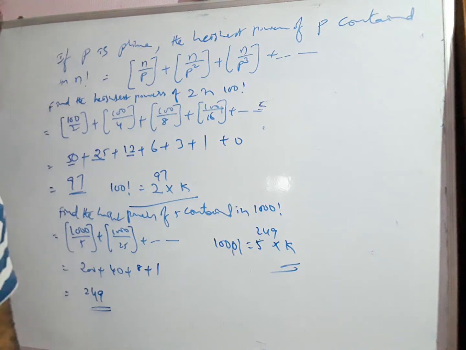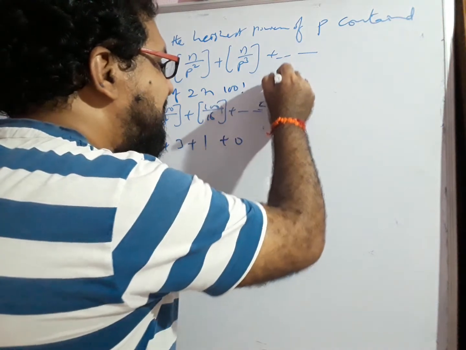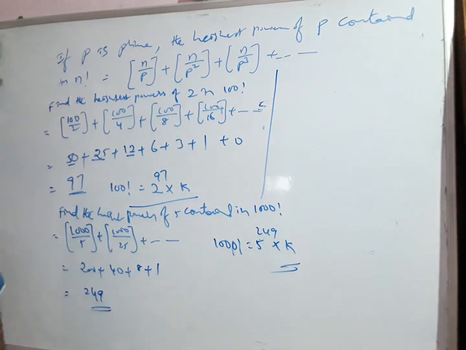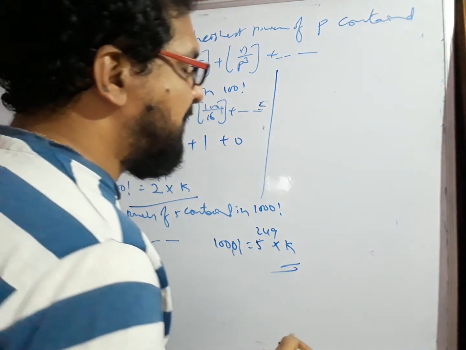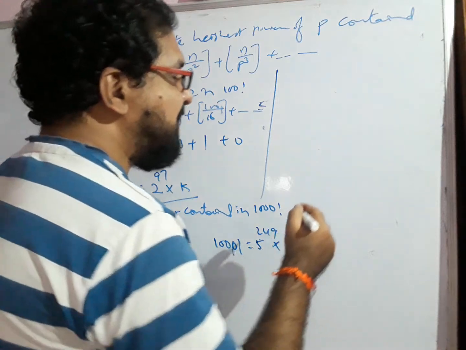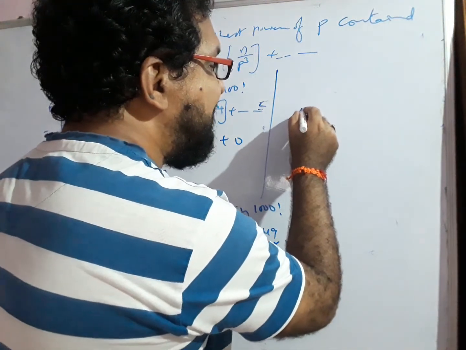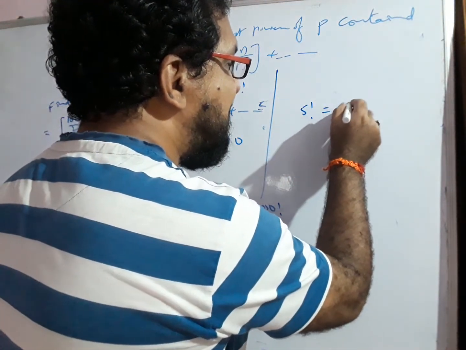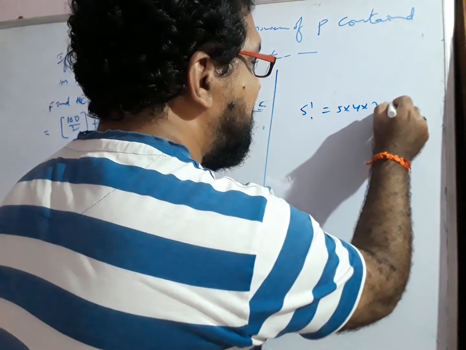Here itself, one more model: find the number of zeros at the end. If you want to find the number of zeros at the end in, suppose, 5 factorial, we already discussed it. 5 factorial can be written as 5 into 4 into 3 into 2 into 1.